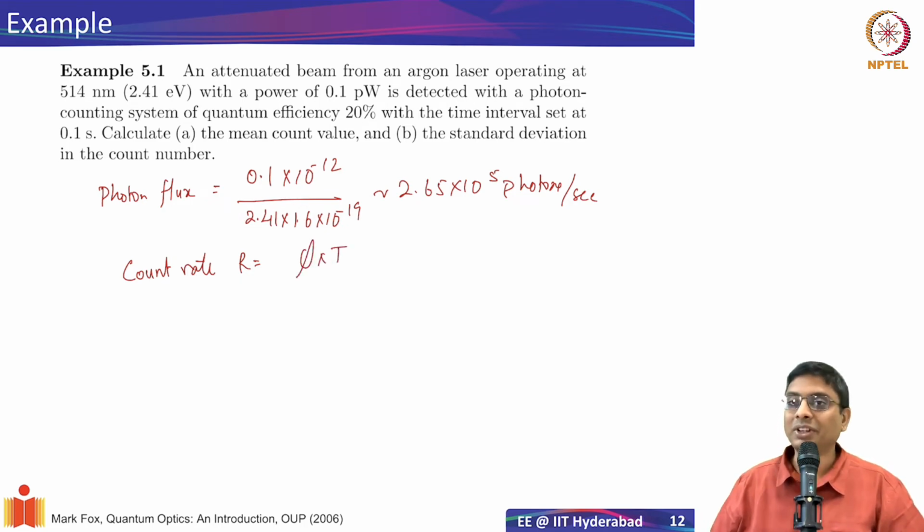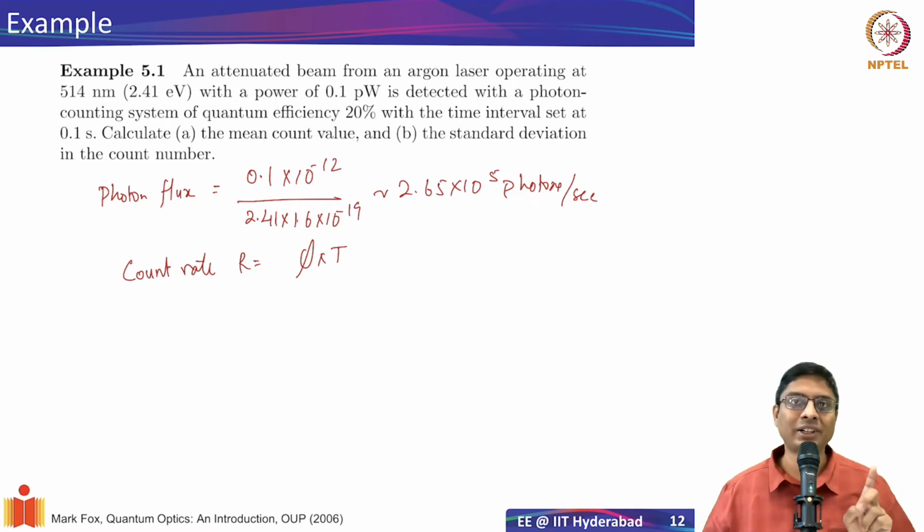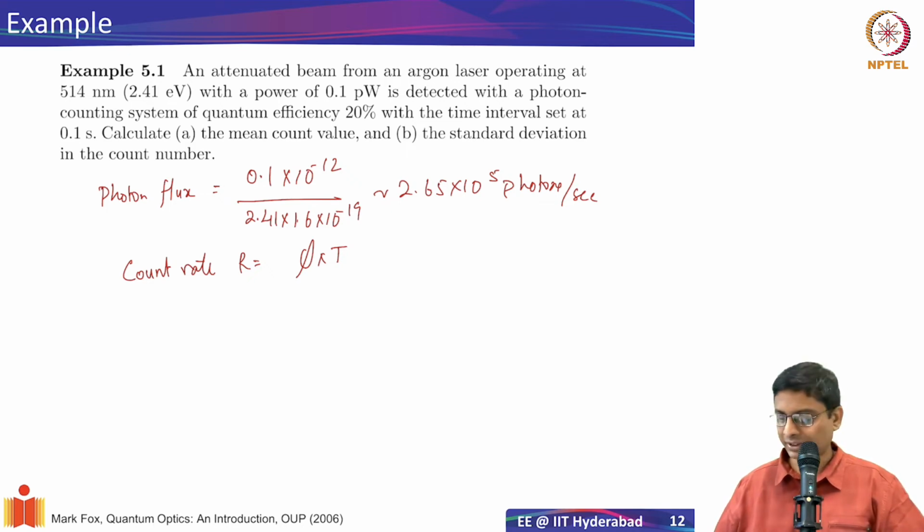But we should remember that the detector's quantum efficiency comes into the picture, and we would like it to be high, but sometimes it is not. In this case, the quantum efficiency is given as 20%. So this is going to be eta.